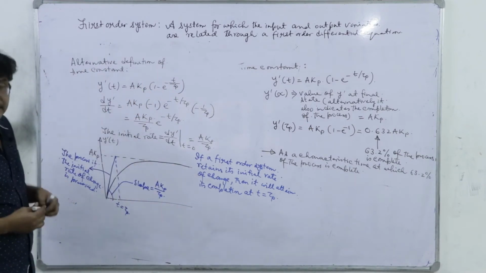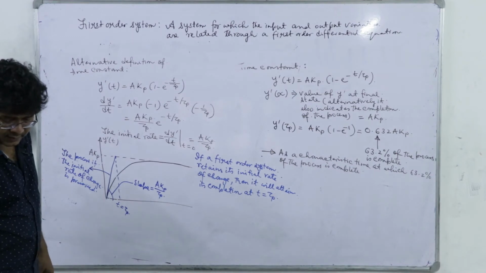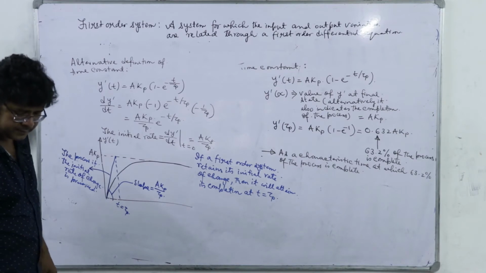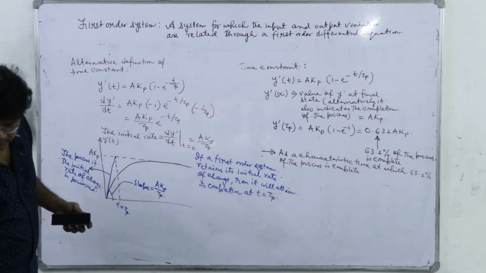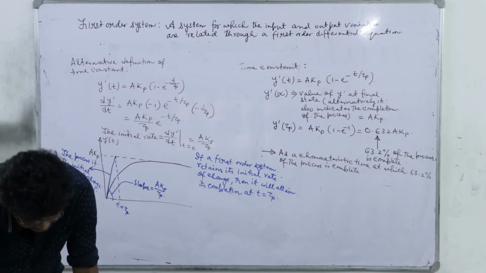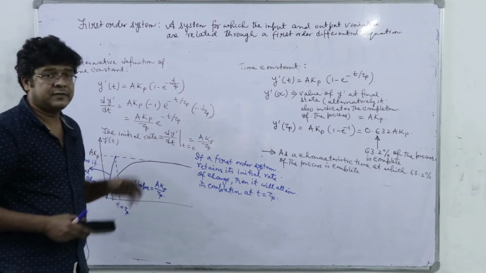Right. So this is an alternative definition, that if a process retains its initial rate of change, then it will reach its completion at t equal to tau p. So with that, that's the understanding of the dynamic response.